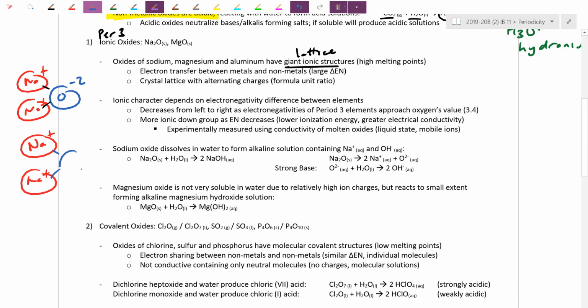Even though every formula unit, like an empirical formula, every Lego block is roughly stable, this negative not only wants its own positive neighbors, it's going to surround itself with as many other positive neighbors as possible, and that repeating fashion is what we call a lattice. A lattice is a structure that has alternating positive and negative charges.